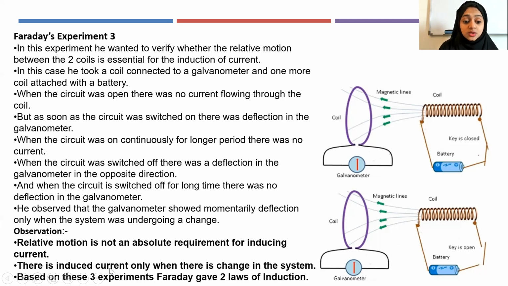There is induced current only when there is a change in the system. The change can be either by motion or by increase and decrease of the magnetic field itself. So based on these three experiments, Faraday gave two laws of induction, which we will learn in the next class. Are these three experiments clear to you?